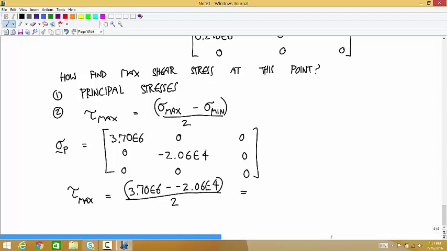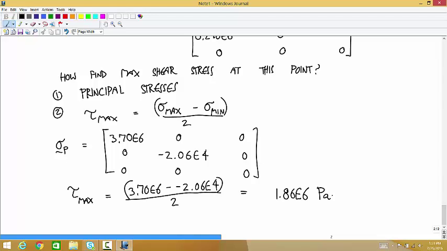What's 3.7 times 10 to the 6 plus 2.06 times 10 to the 4 divided by 2? 1.86 times 10 to the 6 pascals.